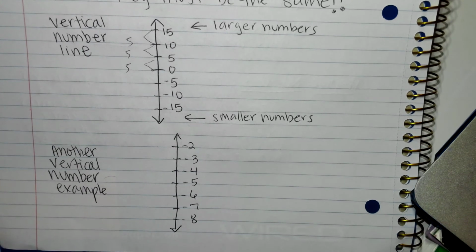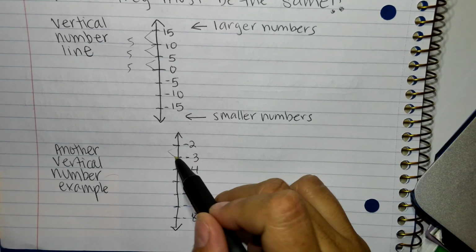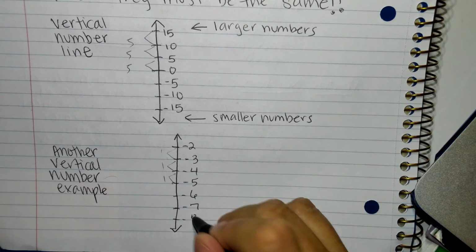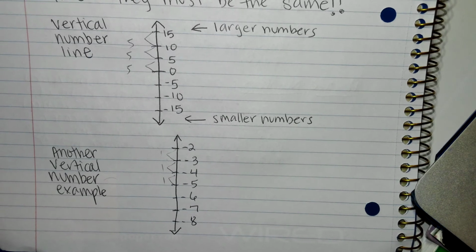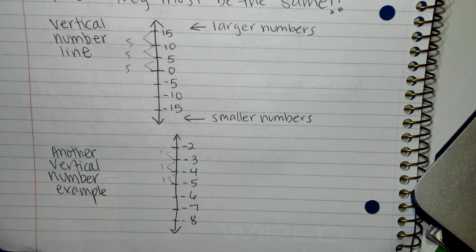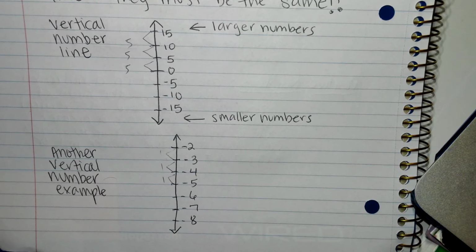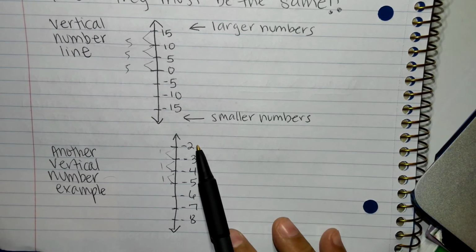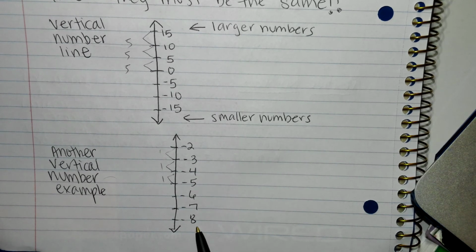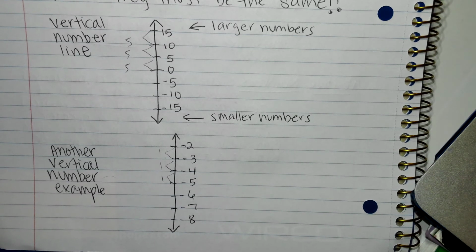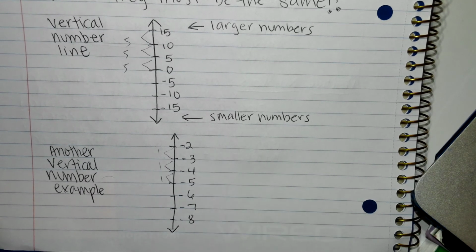And my increments, you can see between each one is 1. I have no positive numbers. I don't even have 0, and that's okay. It just depends on what we are trying to show on our number line. And you can still see that the larger numbers are at the top and the smaller numbers are at the bottom, because -8 has a lesser or smaller value than -2.